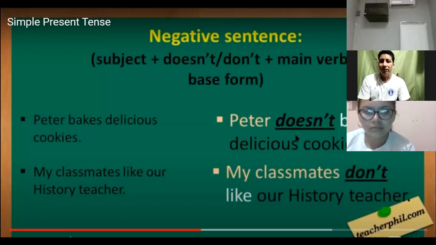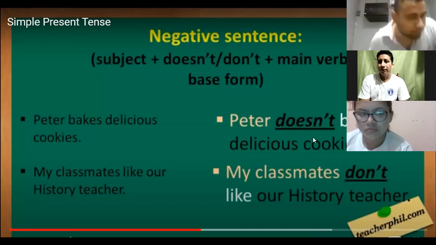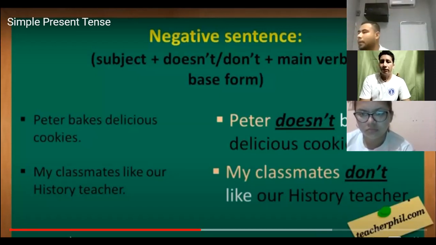But what about the negative form, Kevin? Read it. Peter doesn't bake delicious cookies. So what's the difference? I know that this is positive and this is negative, but focus on this verb. What happens to this verb? What do you see, Kevin? What's the difference?